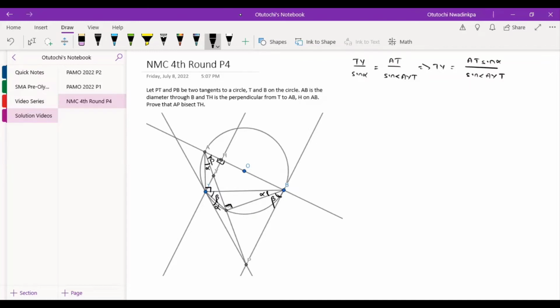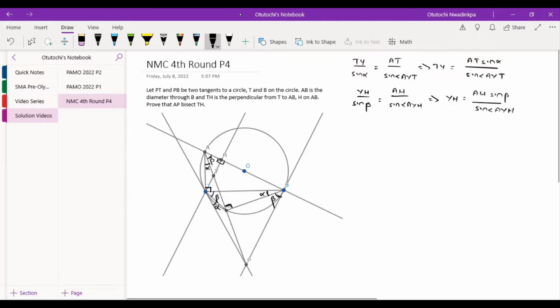So let's try YH. We'll do something similar with YH. YH over sine beta is equal to AH all over sine angle AYH, which implies that YH is equal to AH sine beta over sine angle AYH. Right? So now we can express TY and YH.